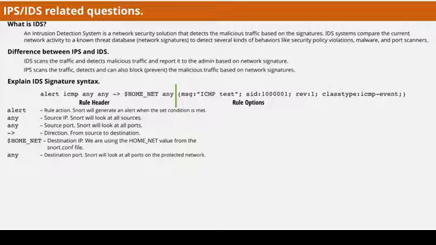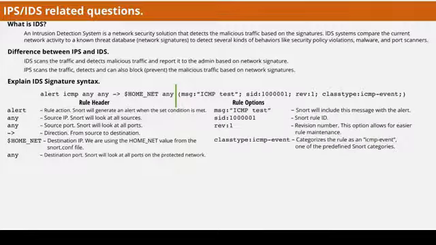The rule options contain message, which is the alert that has to be triggered. SID stands for signature ID. Revision stands for what version of this rule is and if it is ever modified. And there are other various options within the rule options that will help in detecting the malicious activities.